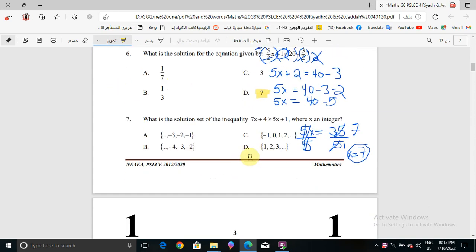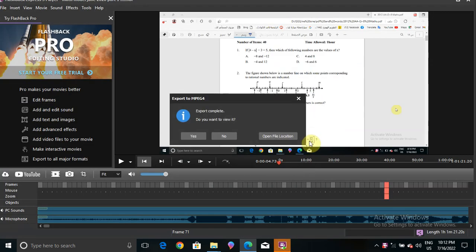Okay, now in question number 7, what is the solution set of the inequality 7x plus 4 is greater than or equal to 5x plus 1? Okay.